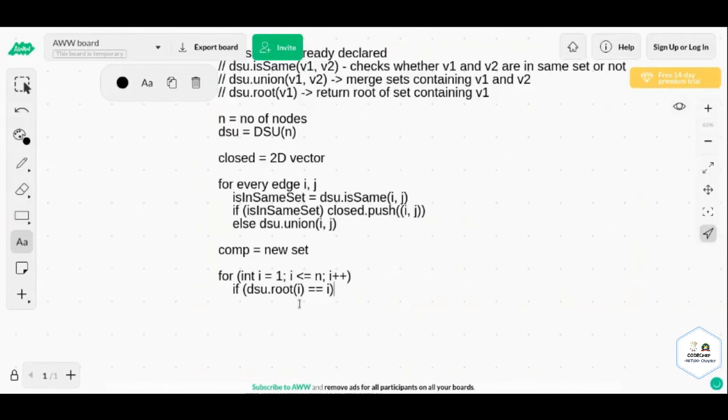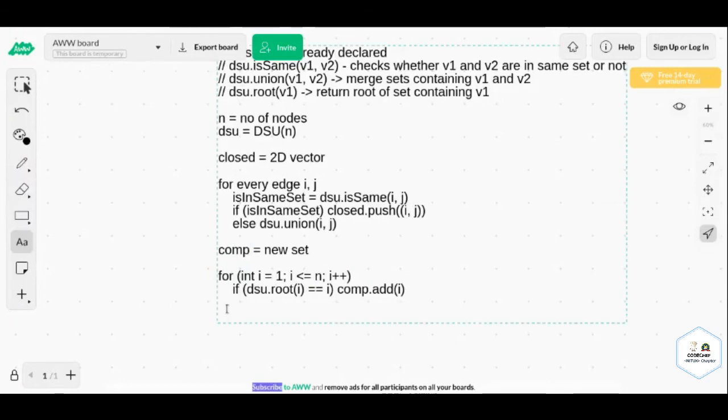It means i is the root of the set in which it is contained, so we can add it to that set. After this code executes, components will have the roots of all the components.